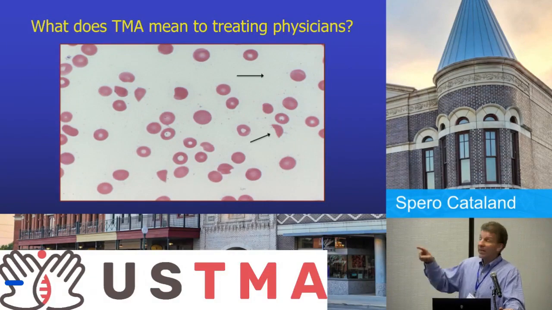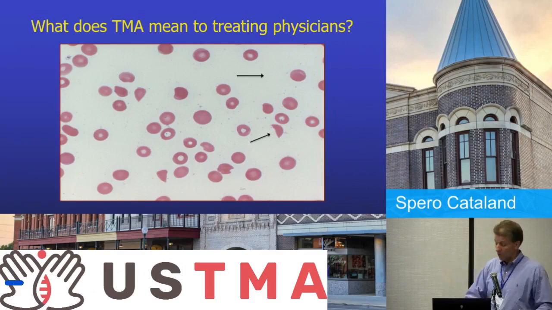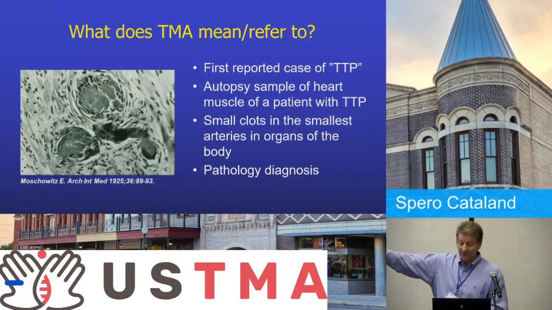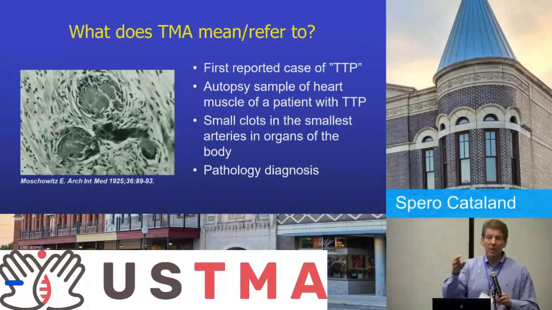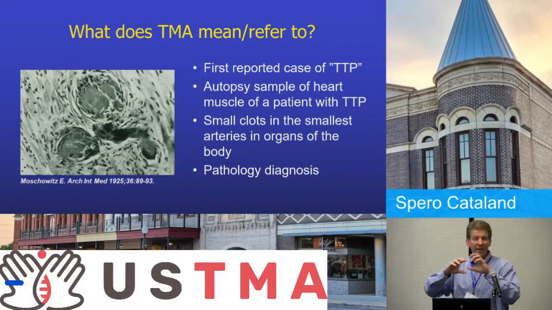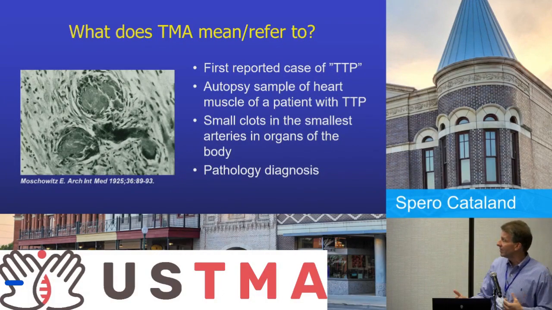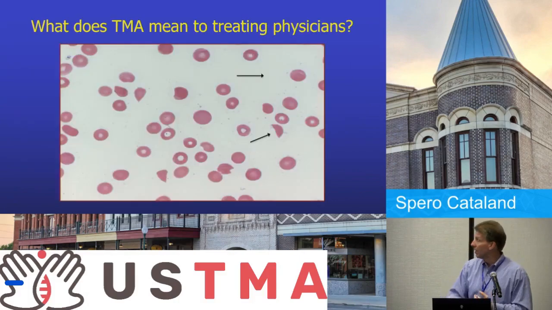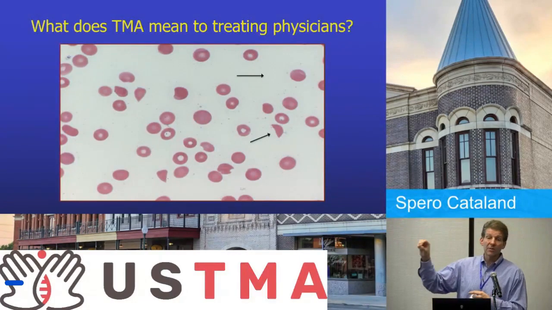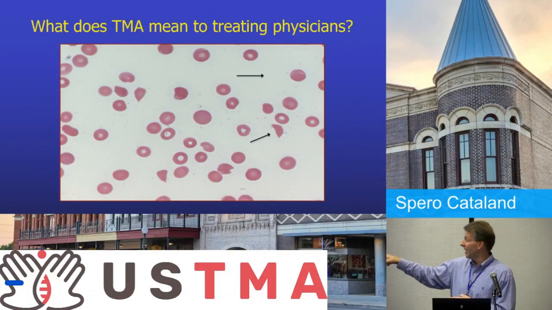The reason that happens is when you get those small clots in these arteries, red cells rushing past will get torn. That's where you hear the term schistocyte, or fragmented red cells, helmet cells. Any of those terms work. But when you have those clots in the small vessels, you can see this exact thing.